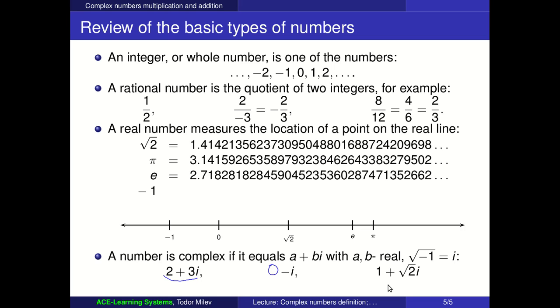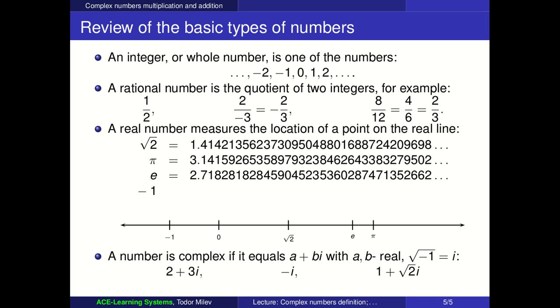Alright, now one short note, all integers are rational numbers, all rational numbers are real numbers, and all real numbers are complex numbers. So the set of integers is a subset of the set of rational numbers.